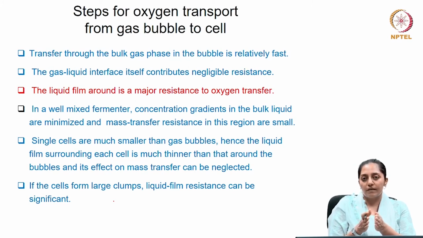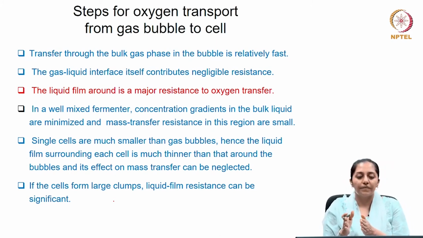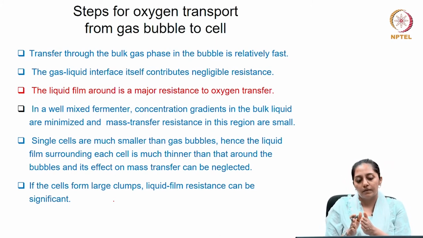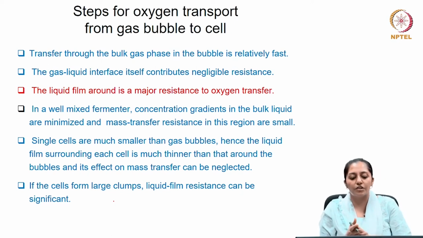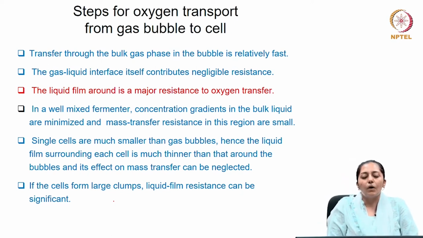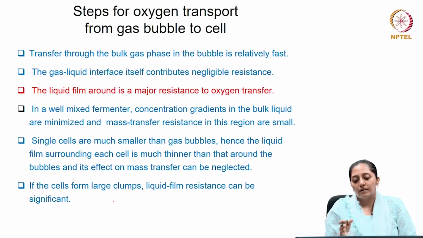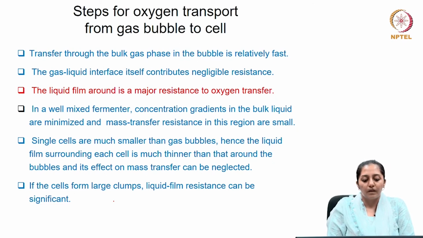The gas film itself contributes negligible resistance. It is the liquid film around this gas liquid interface which poses the major resistance to oxygen transfer. Now, in a well mixed fermenter, the concentration gradients in the bulk are minimized, and the mass transfer resistance in this region can also be expected to be minimal or negligible.